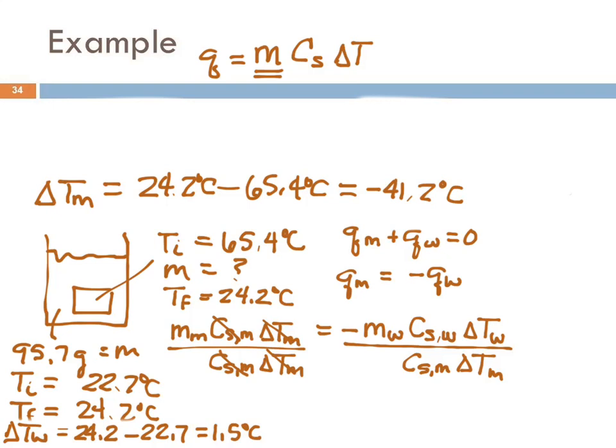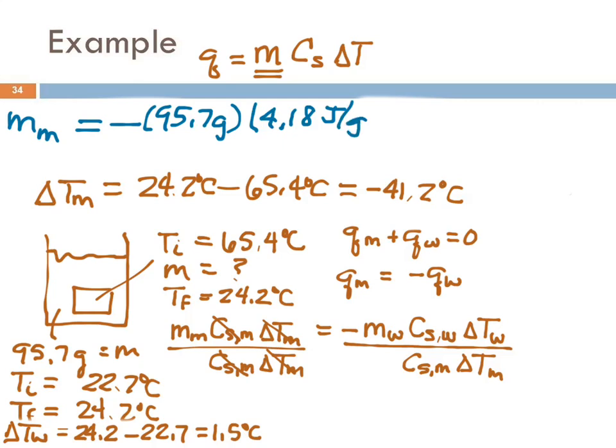So we can take these numbers now and plug them into the equation there on the bottom. I'm going to write it on the top because I think I need more room. So the mass of the metal is equal to negative the mass of the water, 95.7 grams, times the specific heat capacity of water, which we looked up before and wrote on the whiteboard, 4.18 joules per gram degrees Celsius, times the change in temperature for the water, 1.5 degrees Celsius.